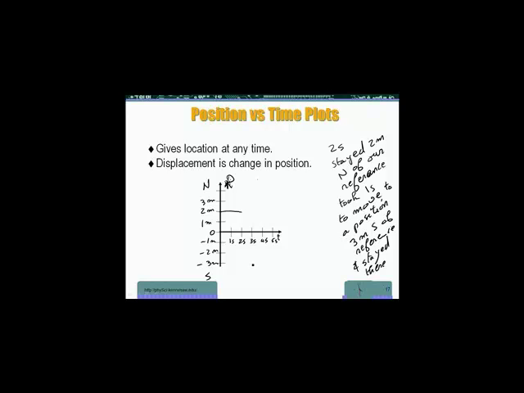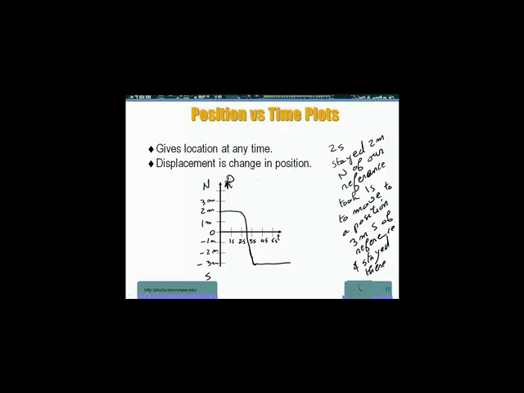So after 3 seconds, this person is going to be here. And it took this 1 second to move from here to here. They didn't tell us how that person moved, so we are going to just join this somewhat like this. Okay? So this is a position versus time graph.